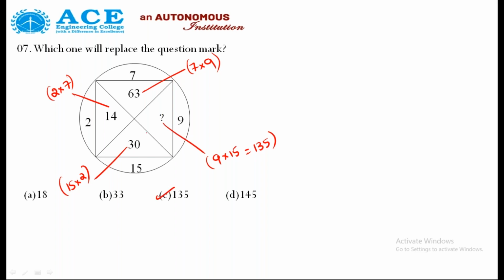Option C is correct. You should just multiply the external values, the present external and the next one: 2 into 7, 7 into 9, 9 into 15. Outside values we just multiply, the current one and the next one, then you can find the inner value. Simple, right? Very good.